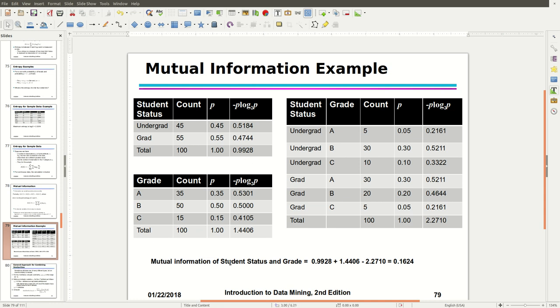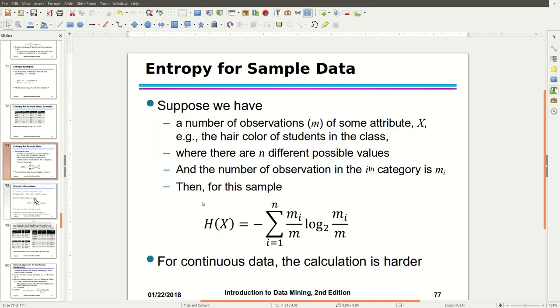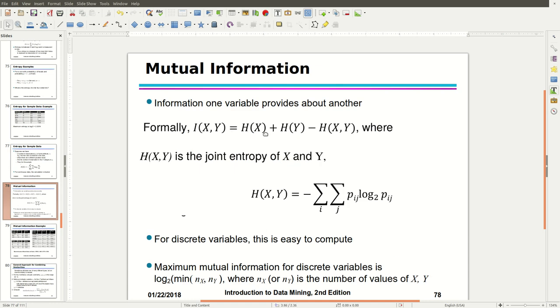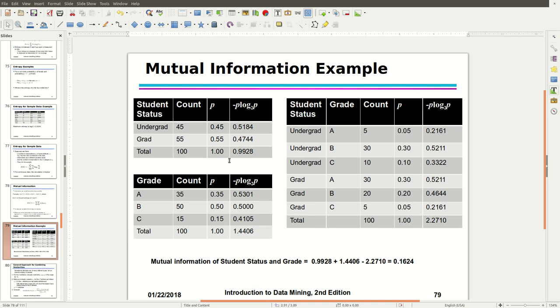So mutual information of student status and grade, if you remember the formula, from here we will get each of these and subtract the joint. So if you get the total for the first case with student status, and we add that to the student grades, and subtract the joint entropy, that is the overall mutual information of student status and grade together. That's the entropy we gain.